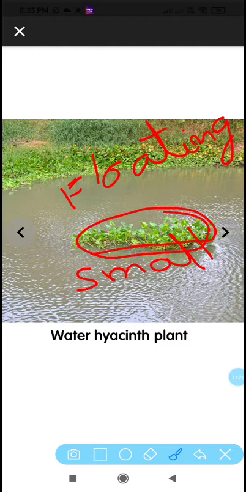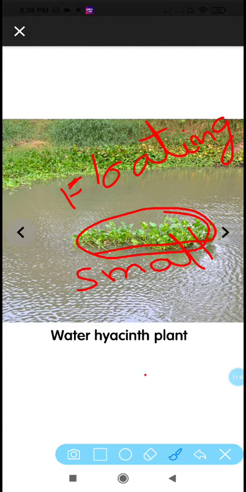And I also told you fixed plants have stomata on their upper surface. Generally, children, in terrestrial plants, the stomata are more on the lower surface of the leaf. But as an exception, in aquatic plants like lotus, they have more stomata on their upper surface.